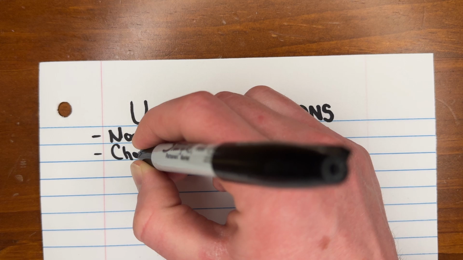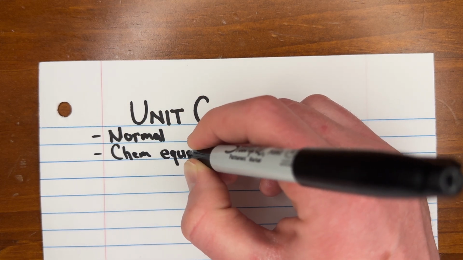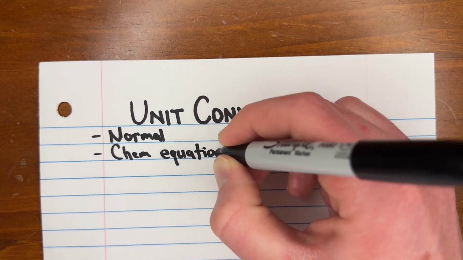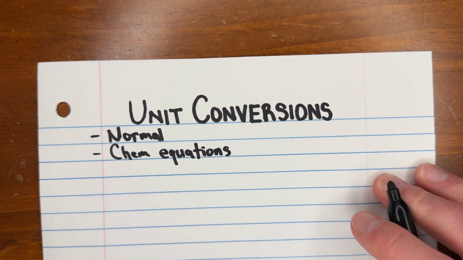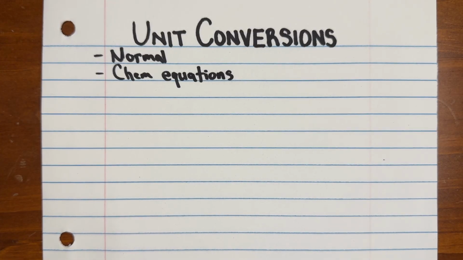So they use the same principles, but when you think about them in different contexts, right? It's easier in my mind to go from inches to feet, feet to miles, than to go from grams to moles, moles to grams, or vice versa, or moles to molecules.